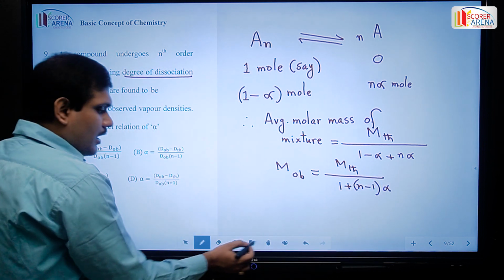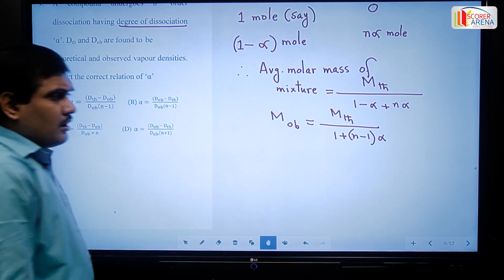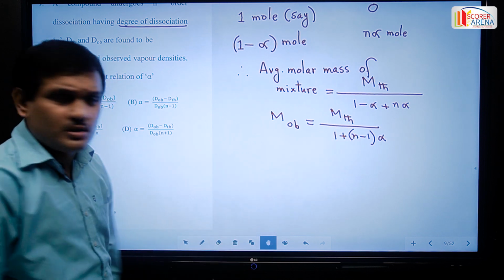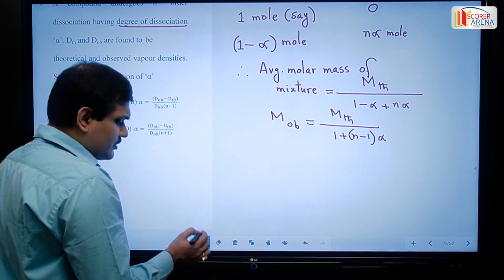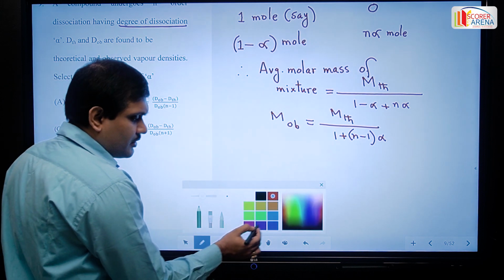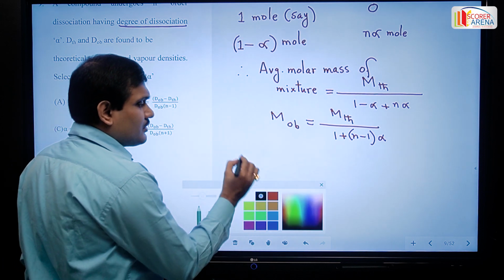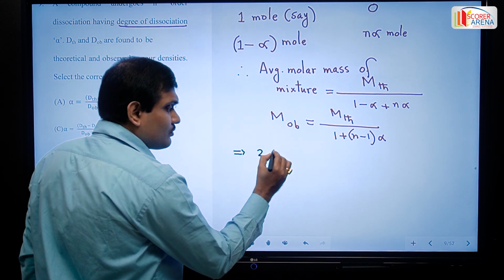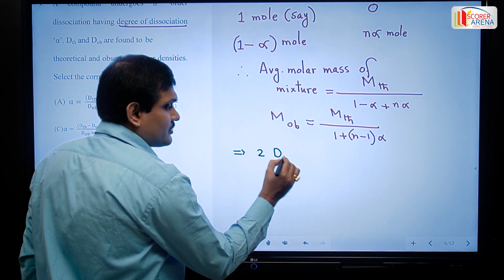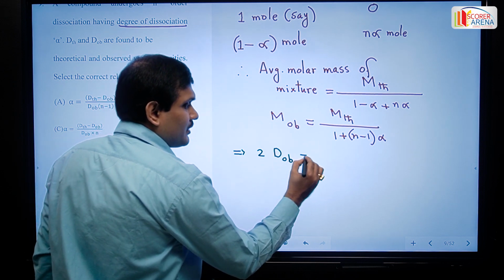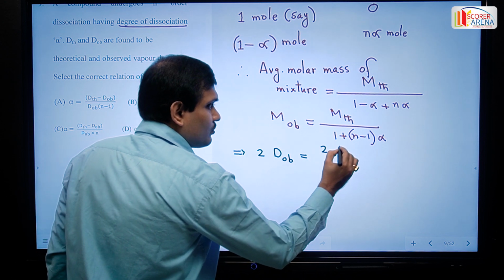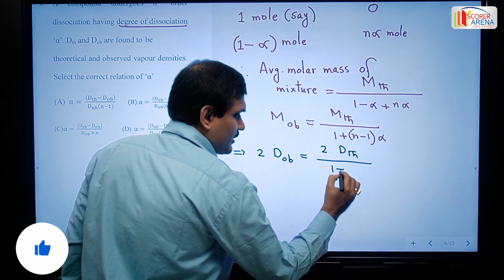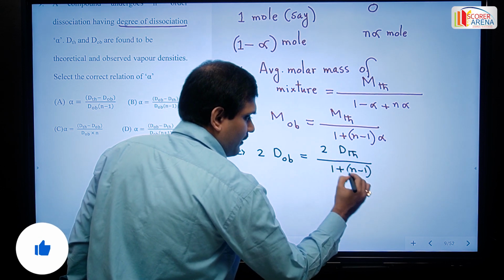Okay. Now, these are observed molar mass, these are theoretical molar mass, and we have this relation. If we convert these molar masses into vapor densities, then definitely it will be twice the vapor density, so 2 into D observed will be equal to 2 into D theoretical by 1 plus n minus 1 into alpha.